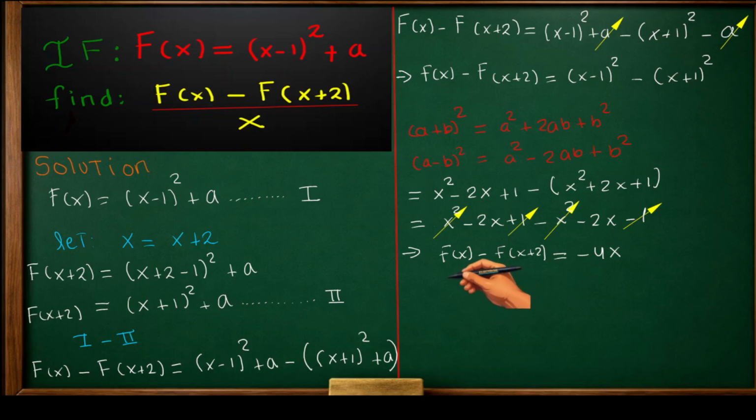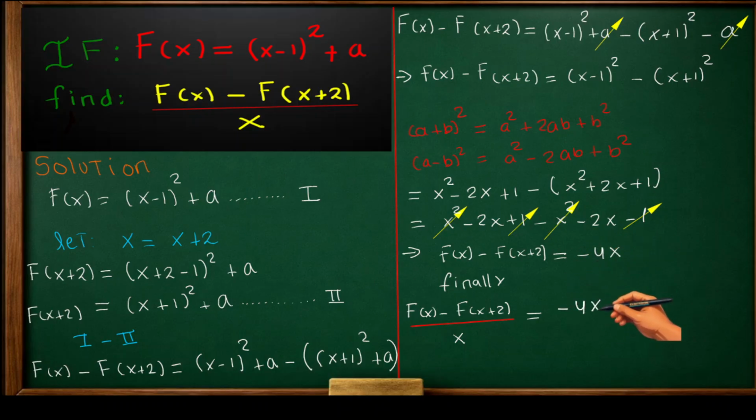Finally, f of x minus f of x plus 2 divided by x equal to, replacing it, minus 4x divided by x.